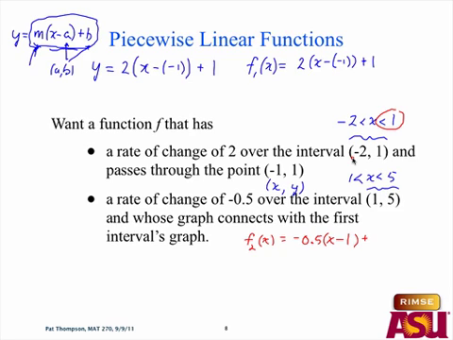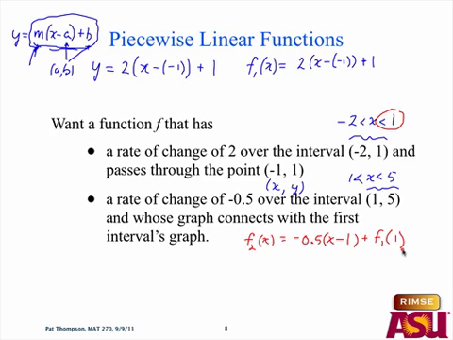So, we want it to connect. That means when we get to x equals 1, whatever point we end at will be the starting point of the second function. So that's the point we want to use. The x coordinate of that point is 1. Here's the question: do we have to calculate the y coordinate at that point, or is there some other way we can represent it? Isn't that f1 of 1?